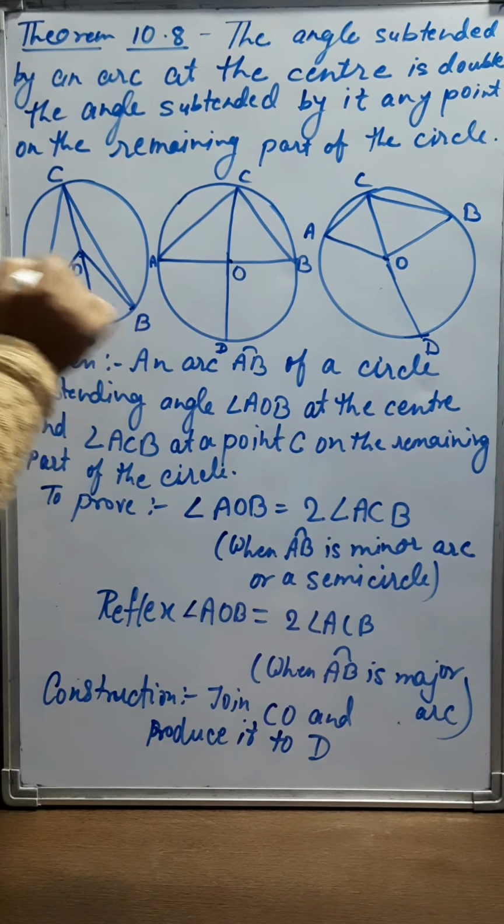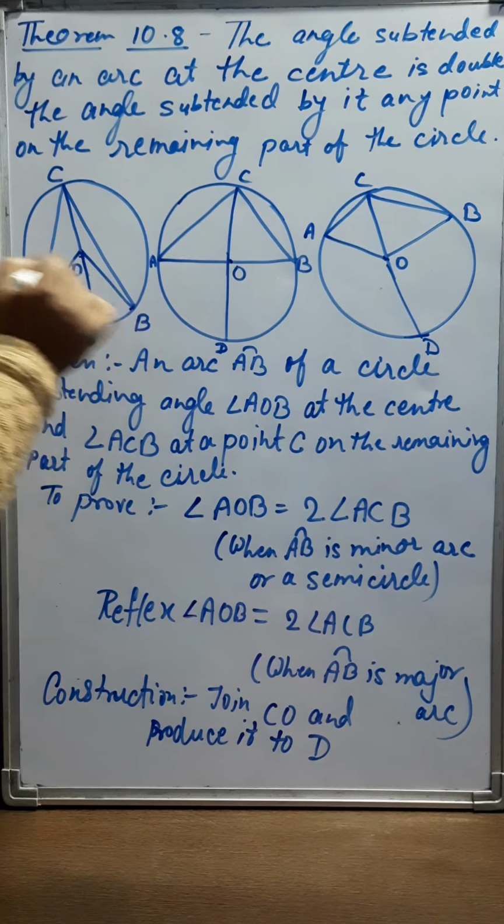We have to show angle AOB is twice angle ACB. This angle AOB is twice of ACB. Similarly here also angle AOB is twice of ACB, and similarly in case 3 as well.